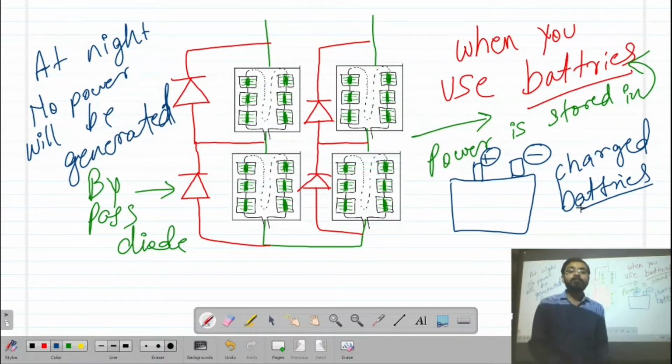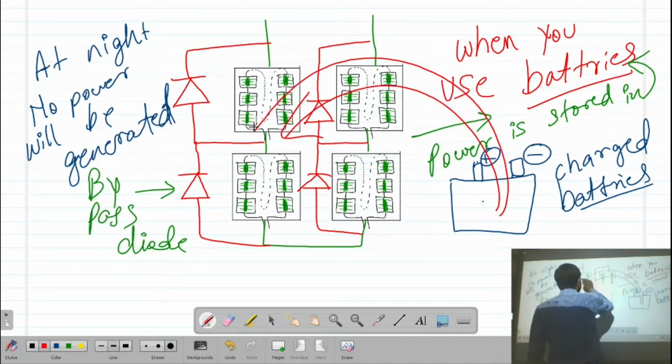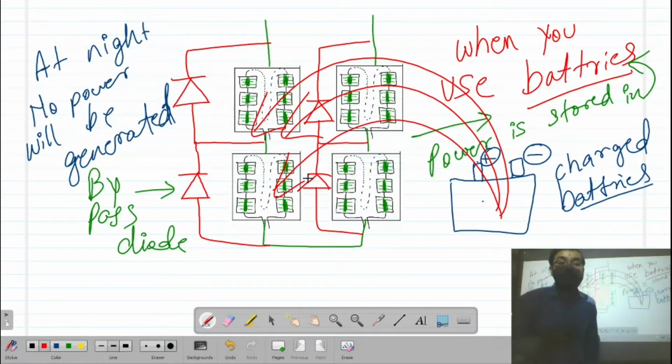The current will flow from the battery to the module, from battery to the module. So the direction of the current will be reversed.